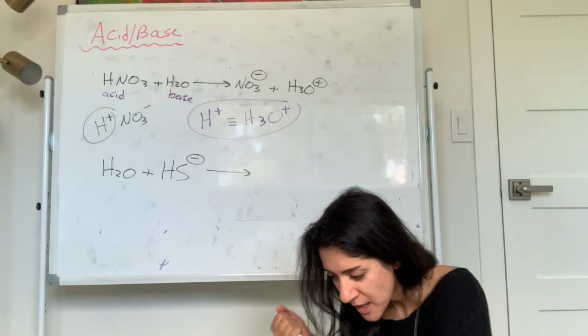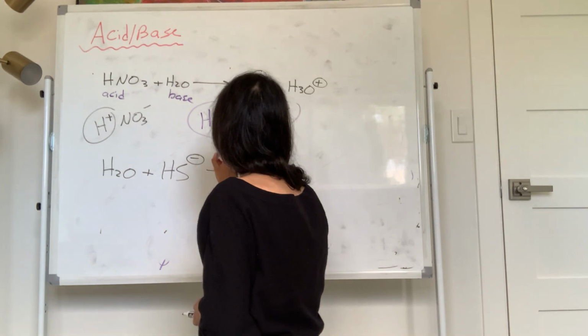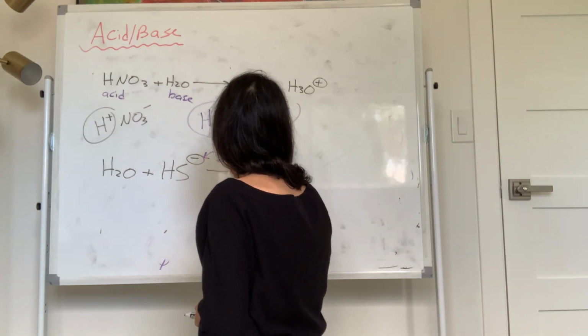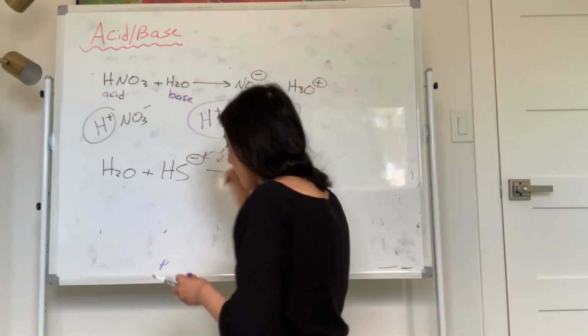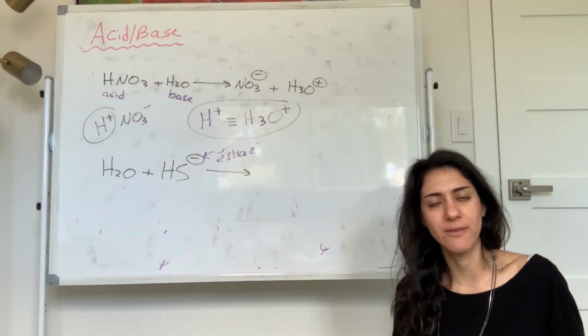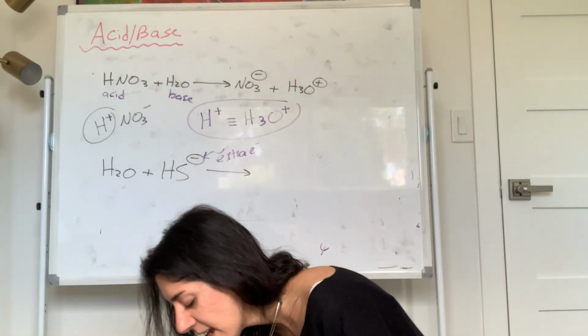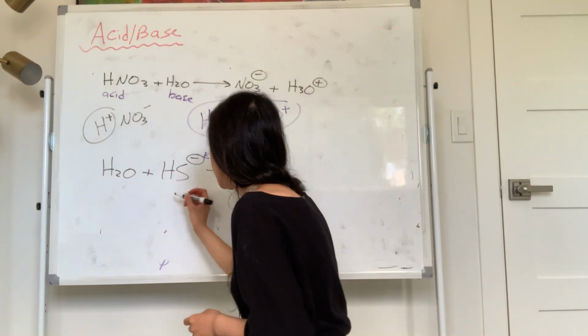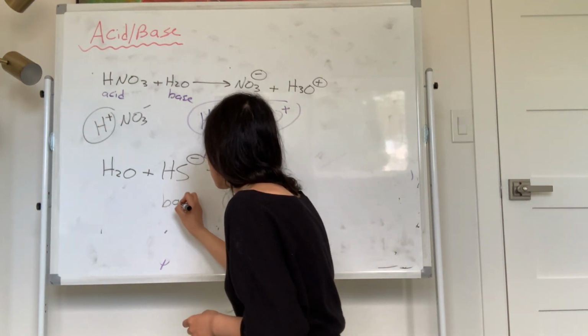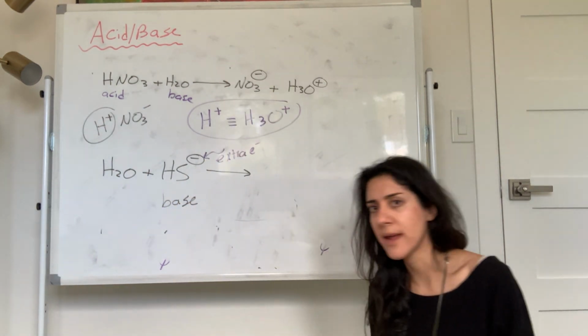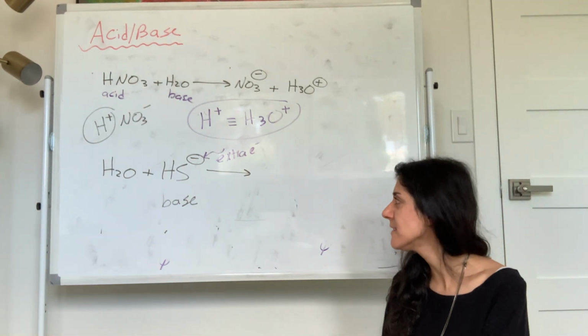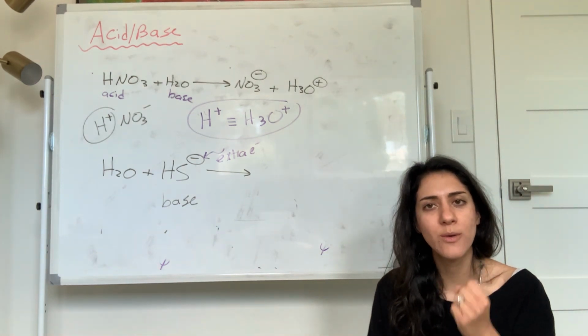It sure does, because what does minus mean? Minus means you have an extra electron. Minus means you have too much electron, right? So HS minus can definitely act like a base because it has an extra electron to donate, right? So it has an extra electron to go and grab the H plus.